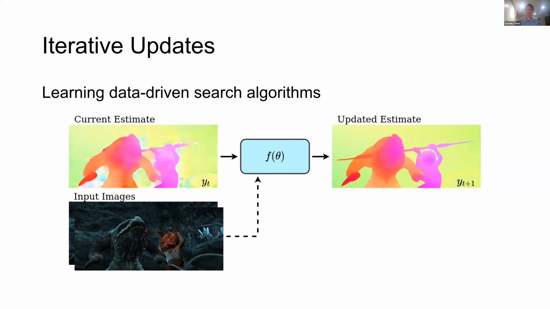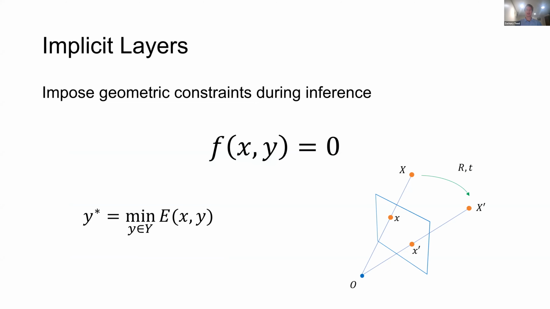So we rely on two key ideas. The first is iterative updates. What these iterative updates aim to do is learn a data-driven search algorithm. Each of these updates will take in the current estimate of the variable we're trying to optimize and produce an updated estimate. We additionally rely a lot on implicit layers, which we use to impose geometric constraints during inference.